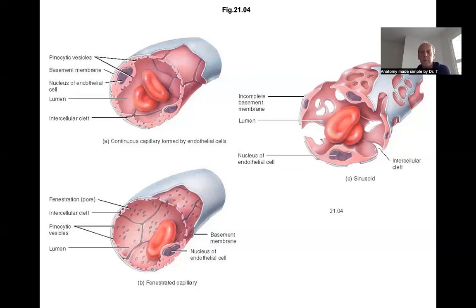A typical good example of where sinusoid capillaries are found is within the liver and the spleen, where it's not really aimed to just allow massive movement of fluid from the cardiovascular system into tissue, but rather it significantly slows down the movement of blood, ensuring that both liver and spleen would have sufficient time to properly process the blood which arrived into these organs and to complete their metabolic role.